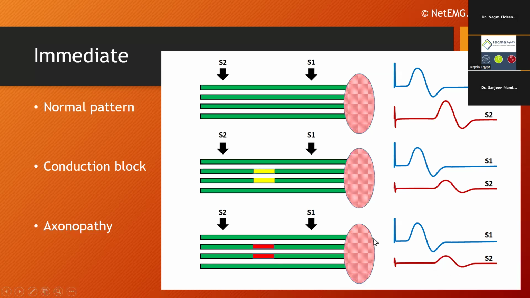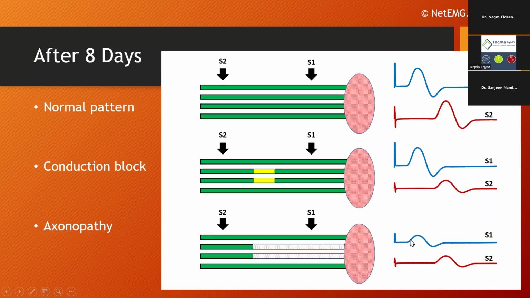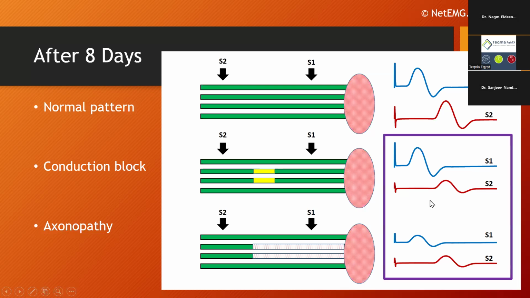But if it was axonopathy, then these axons will disintegrate and we'll get a lower amplitude response at both sides. So this is axonopathy: you'll get small amplitude at distal and proximal sides. Conduction block: a large response distally, small response proximally.